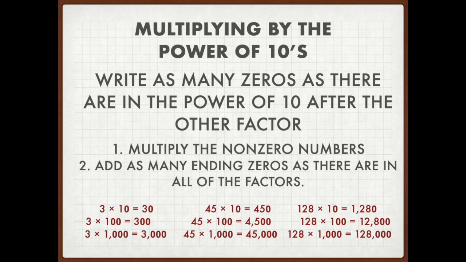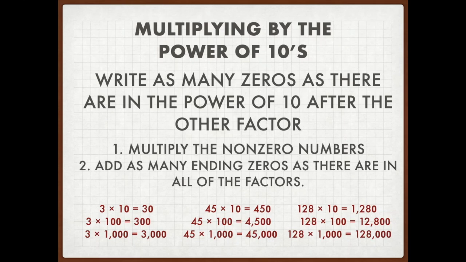So very easy. All I'm doing is multiplying the numbers. Then I'm going to add in as many zeros as there are in all of the factors. So let's take a look at 45. 45 times 10. So we do 45 times 1, that's 45, add a 0, 450. 45 times 100, 45 times 1 is 45, and 2 zeros, 4,500.